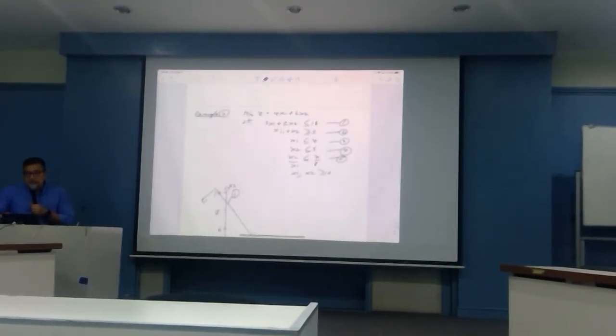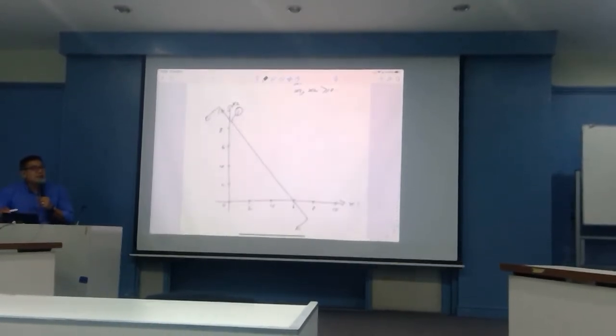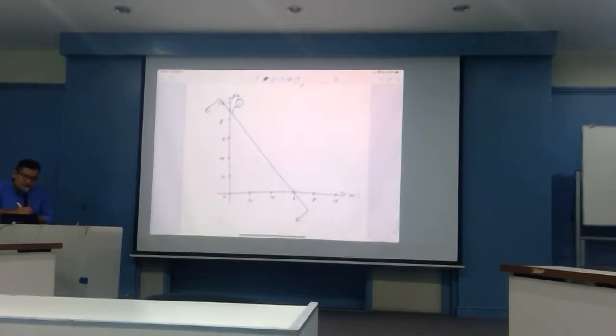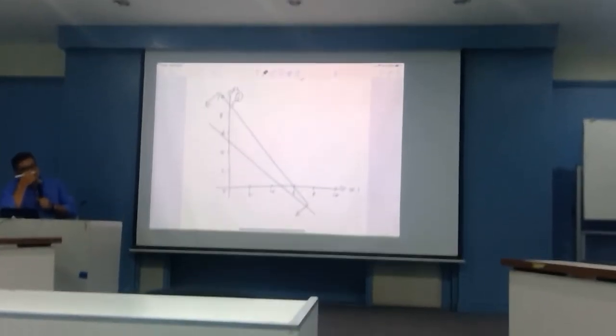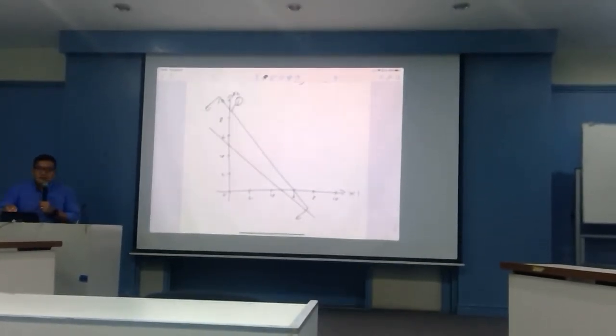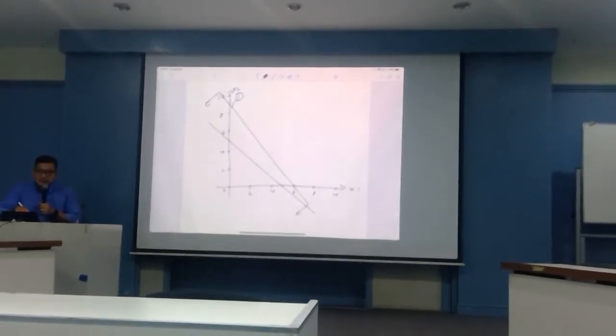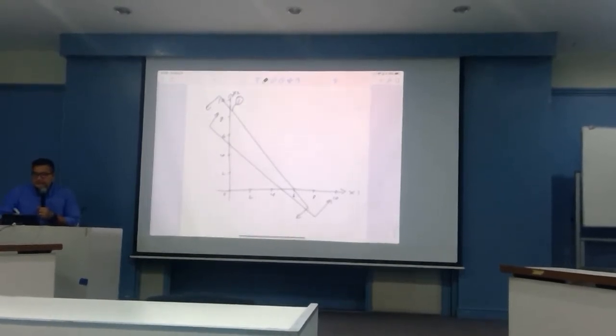For the second constraint, x1 plus x2 greater than or equal to 5. So we draw the graph of x1 plus x2 equal to 5 first. So this is 5. Right? So it's cutting both at 5. Cutting x1 at 5, cutting x2 at 5. And since it's greater than or equal, we're shading above the line.